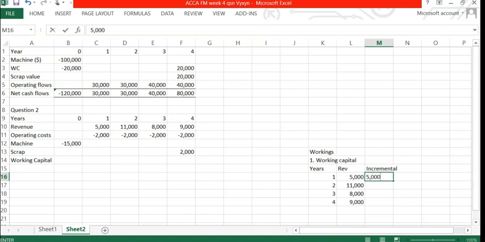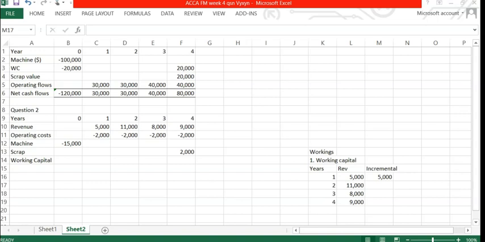Okay, and then 5,000 to 11,000. In the first year we required 5,000. We required working capital equivalent to 10% of 5,000. All right, but we can see there that in the second year the revenue increased.